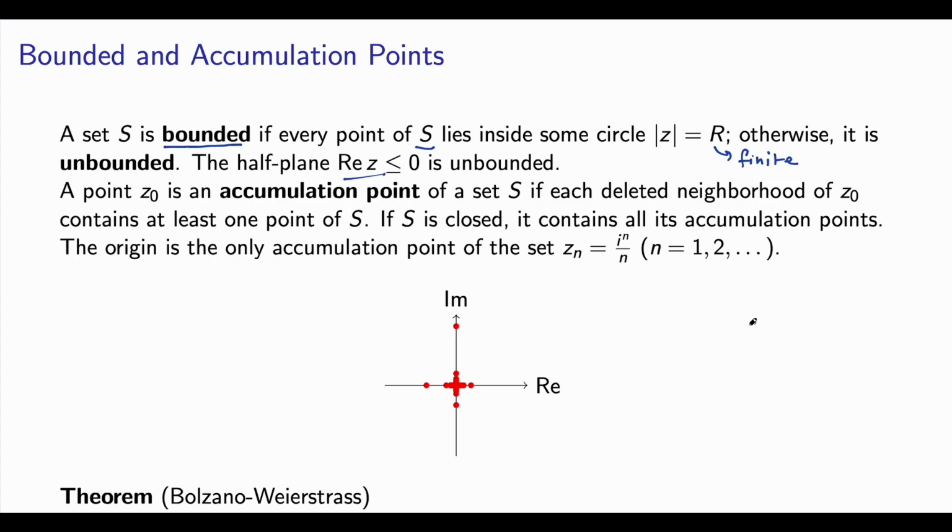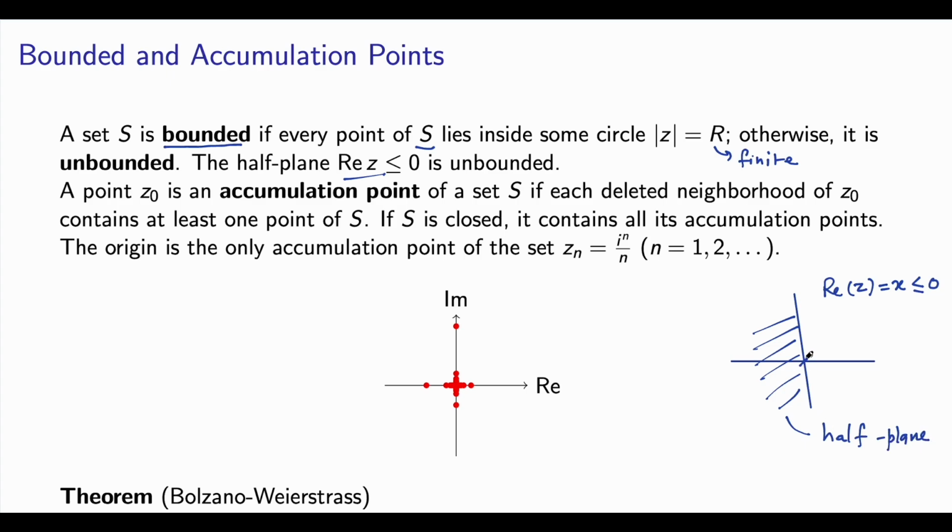Real part of z, that is x, is less than or equal to 0. So if we have the plane, real part of z, which is equal to x, is less than or equal to 0. So x less than or equal to 0 means this side. So this is a half plane, right?